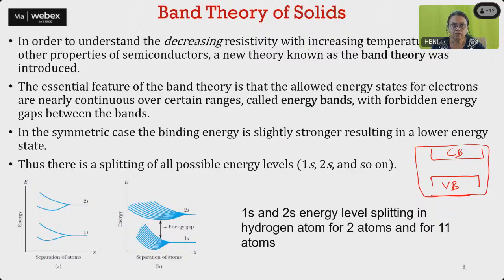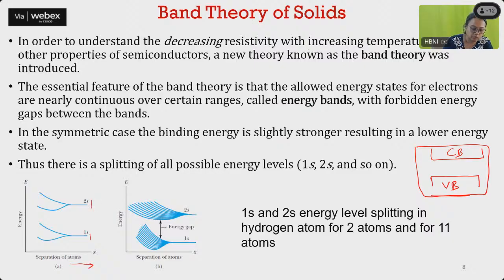If we see in this figure, we have the separation of atoms on the x-axis, and let us say any atom has an electron in the 1s level and 2s level.